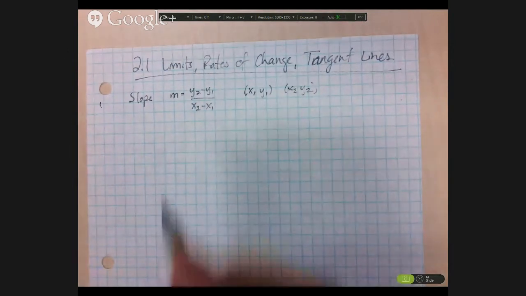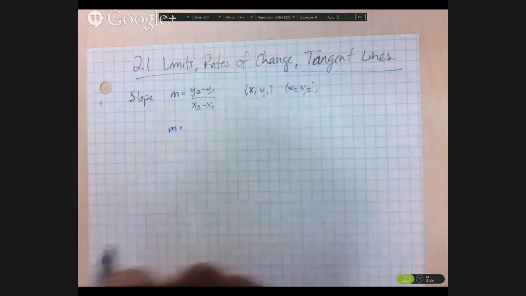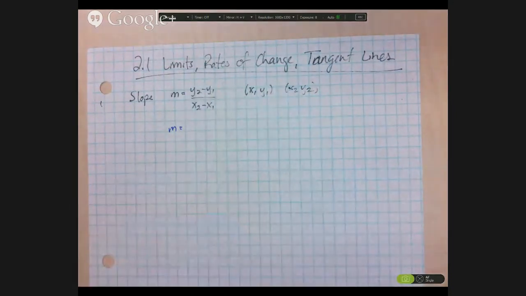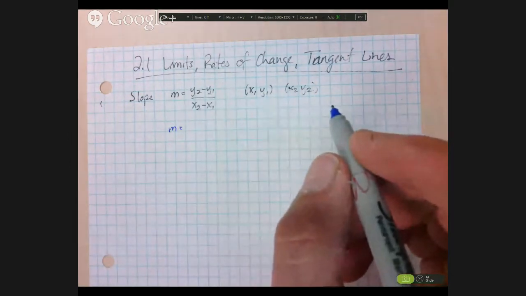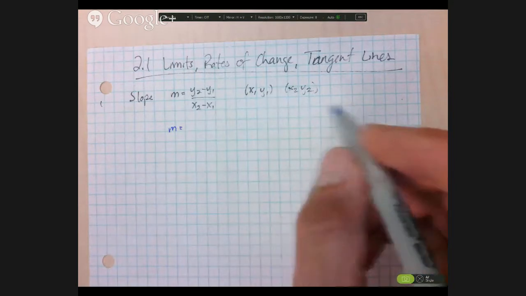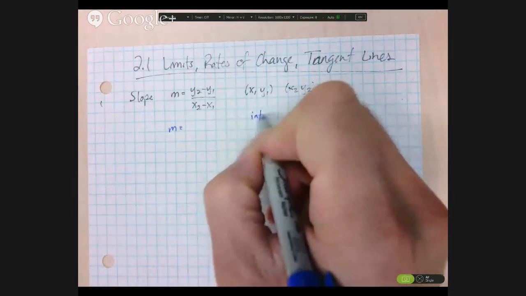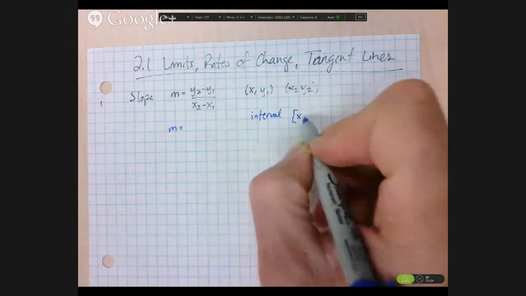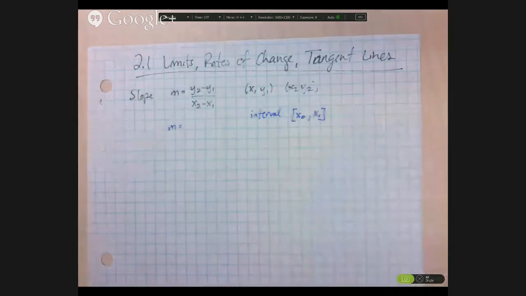Okay. In calculus, we change that notation just a little bit, because we're going to have points over an interval. And it can be any variable, but I'll just put x sub 0 to x sub 1, noting that that's an interval. Okay?